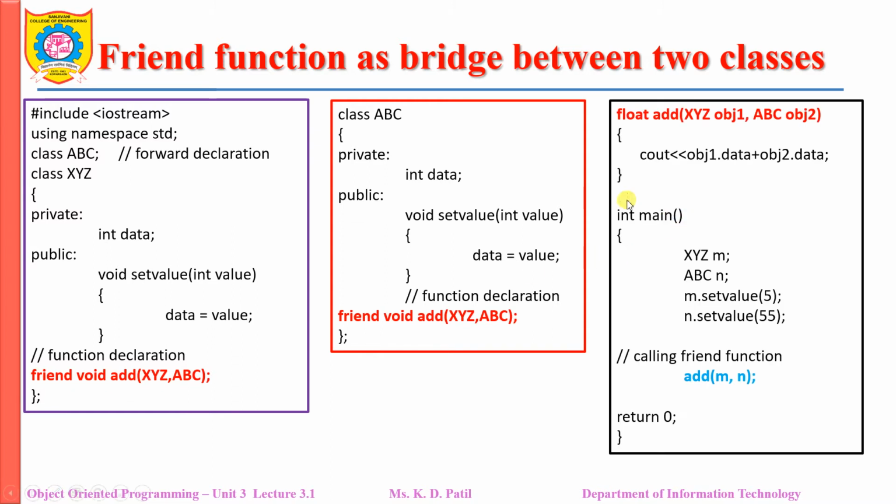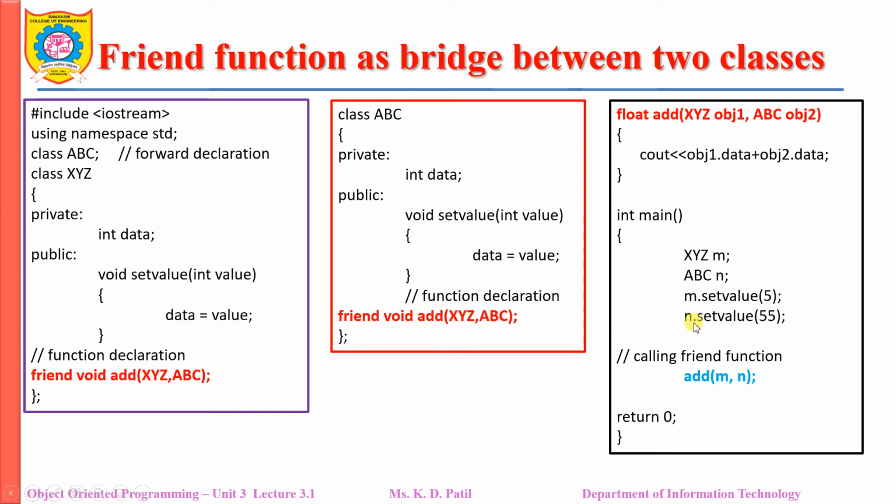Now here I have a main function. Inside that main function, I have created object M of class XYZ, and I have created object N of class ABC. So when M dot set value function is called, the member function of class XYZ will be invoked, and the value 5 will be set to the data member of class XYZ.